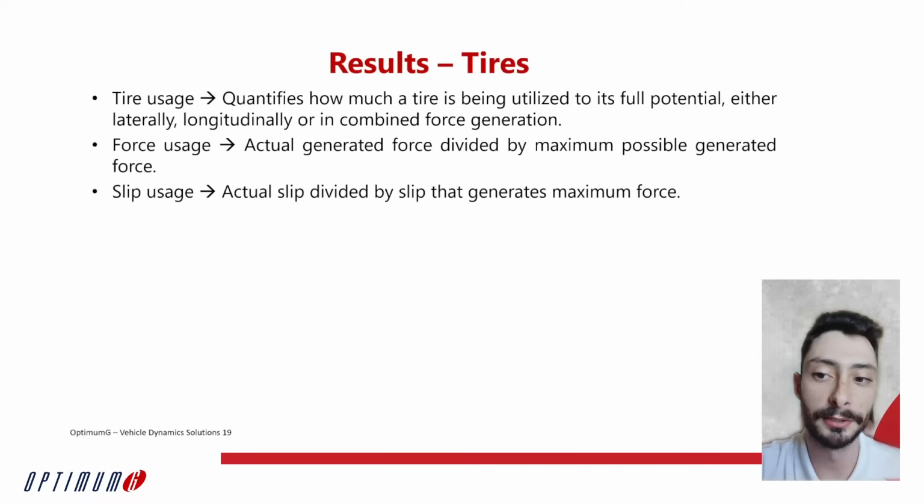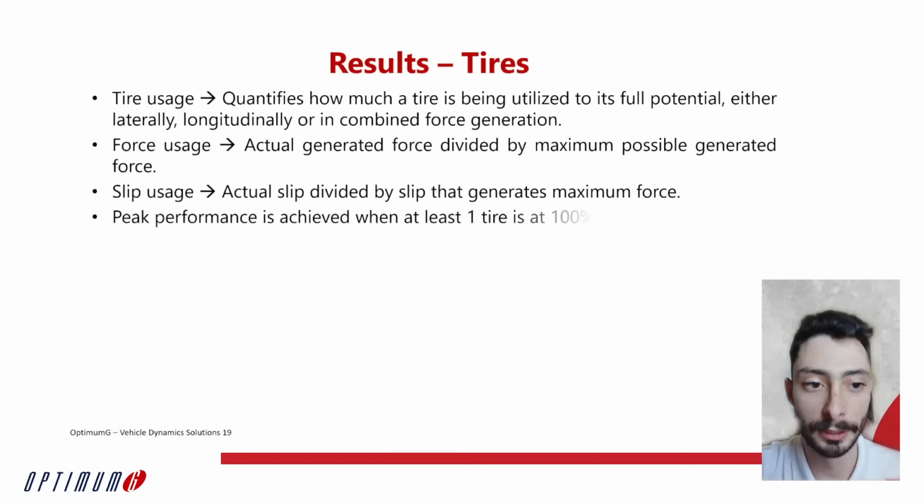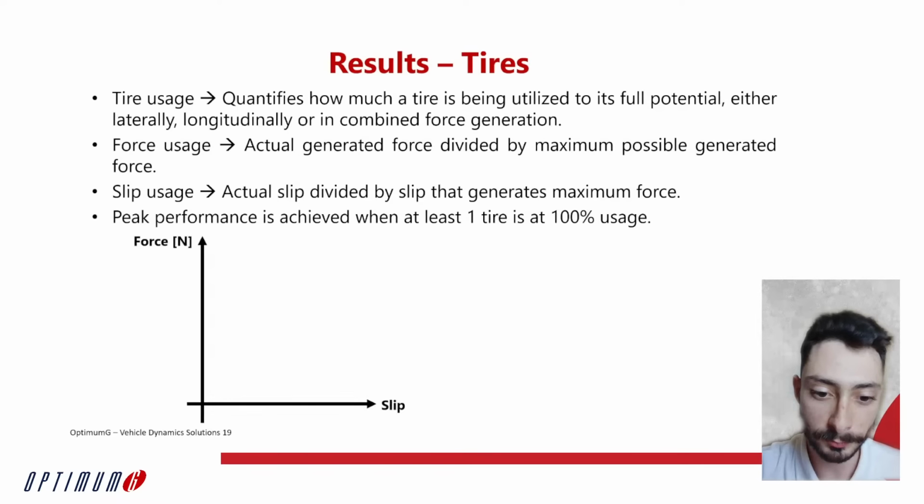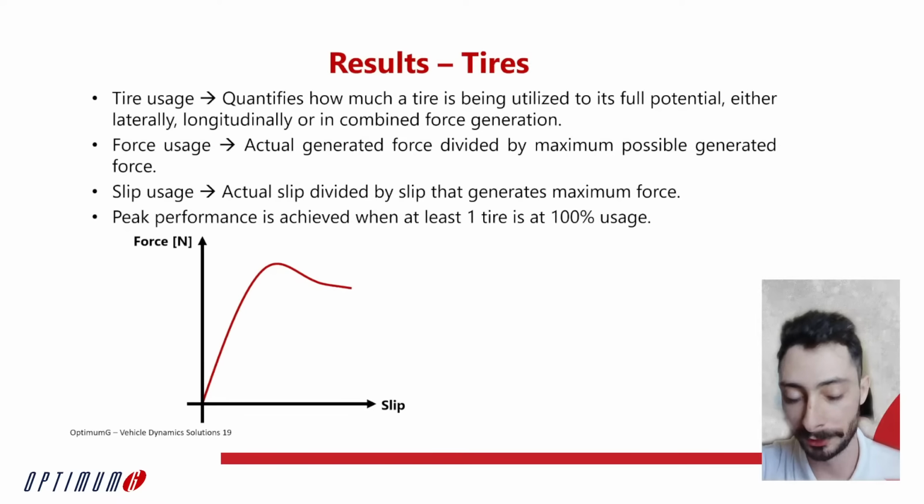Or you can define it in terms of slip, which is the current slip angle or slip ratio in your tire, divided by the slip angle or slip ratio which will generate the maximum force available. The peak performance of your car will necessarily always be achieved when at least one of your tires is at 100% usage. The way we compute this is that, for example, we have here our force versus slip curve.